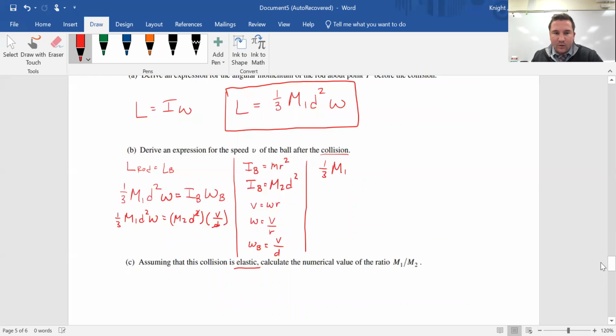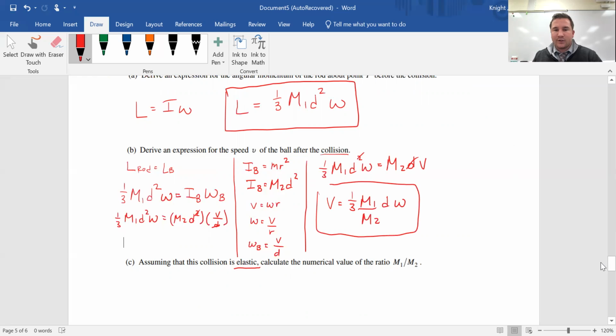So we'll have 1/3 m1 d squared omega equals m2 d v. D will cancel with d squared. M2 we can divide over, and our velocity is going to be equal to 1/3 m1 over m2 times d omega.